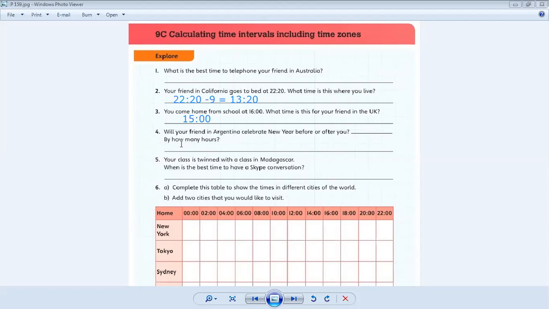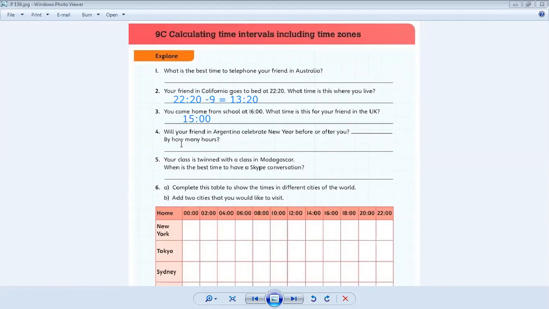The time zone is -4. Are they going to celebrate the New Year before us or after us? Is Argentina in minus or plus? The time zone is minus or plus? Which one?